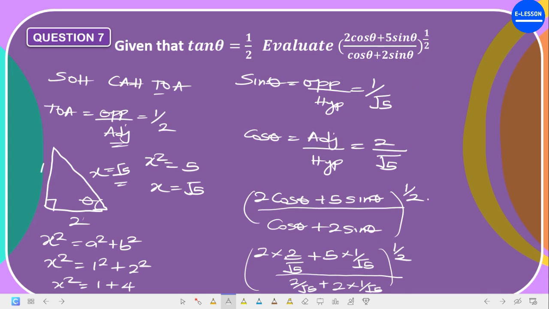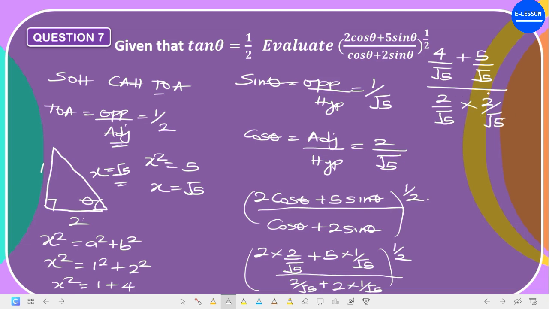Now, 2 times 2 here will give us 4. So we have 4 over root 5 plus 5 times 1, which gives us 5 all over root 5, divided by 2 over root 5 plus 2 times 1 over root 5, which will also give us 2 all over root 5.